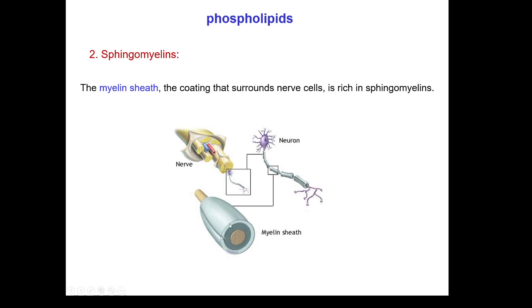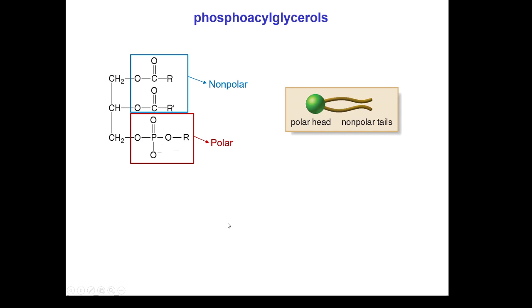So our myelin sheath is made of sphingomyelins, or very rich in sphingomyelins.